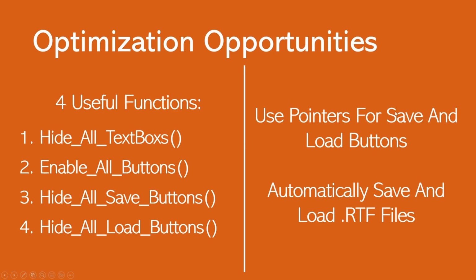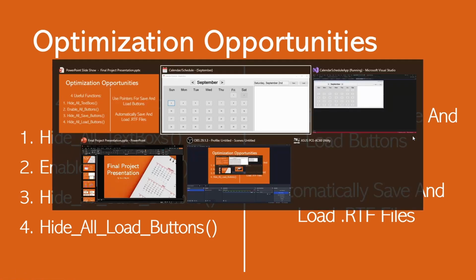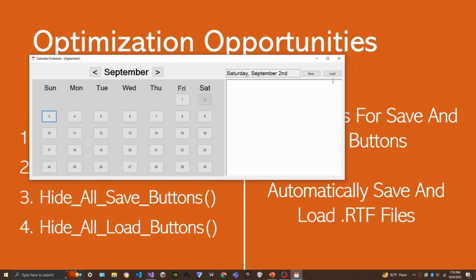I could use pointers for the save and load buttons, and essentially what that would do is that when I enter some text in here, I wouldn't have to have save and load buttons for each day. I could just have two save and load buttons that are usable for each and every single day, so that I wouldn't have to do 30 different save buttons, 30 different load buttons.